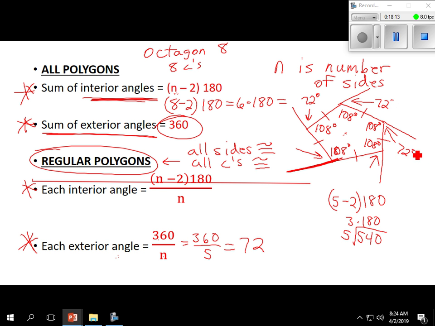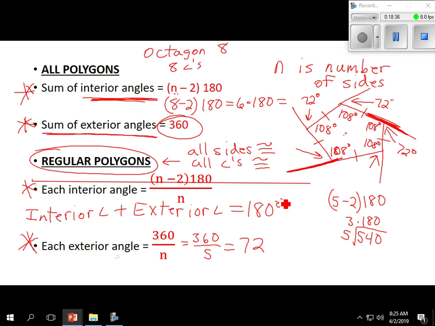We could also notice that an interior angle and an exterior angle have to add up to 180. So interior angle plus exterior angle equals 180 degrees.